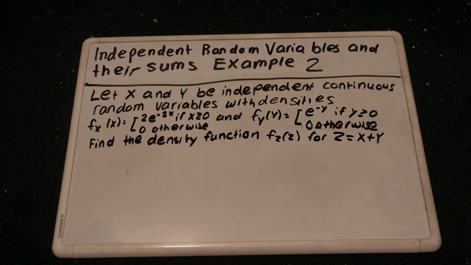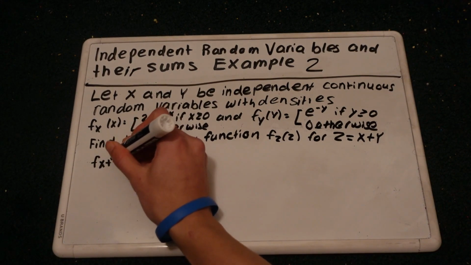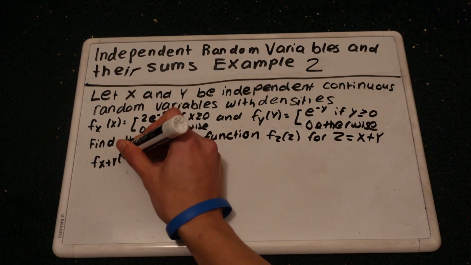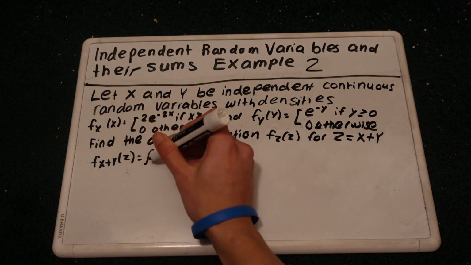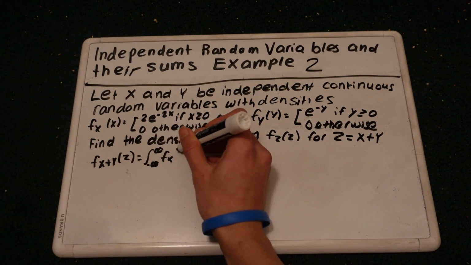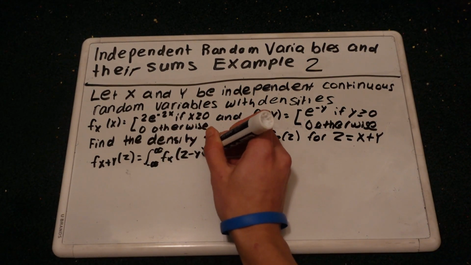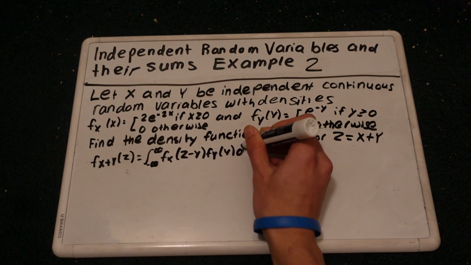This is another example of independent random variables and their sums. So let me write down the sum of independent random variables. We denote f of x plus y of z as equal to the integral from negative infinity to infinity of f of x of z minus y times f of y dy.